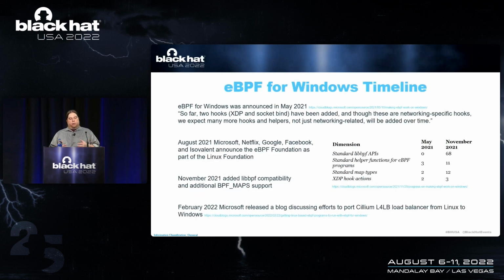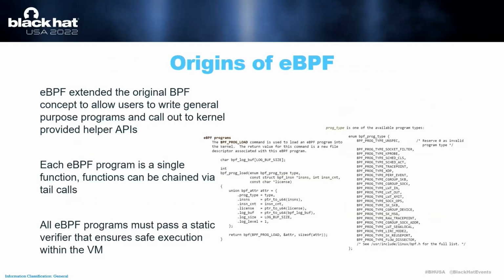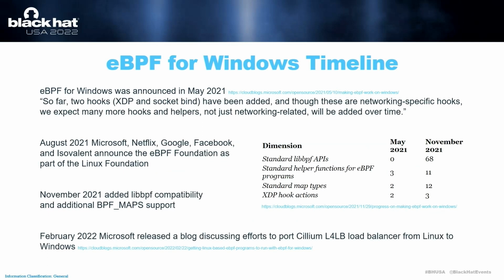So switching focus to the Windows timeline, 2014 is when it was added to the Linux kernel. As of last year, in May, Microsoft announced their intent to bring this platform to the Windows side of the house. Now, of course, we all know that Linux is a GPL kernel, and Windows cannot adopt that code directly into their kernel, so they had to come up with a way to re-implement the entire technology stack.